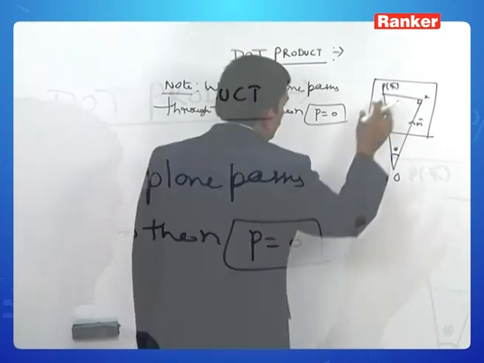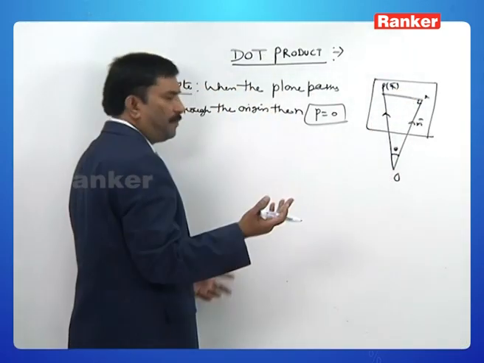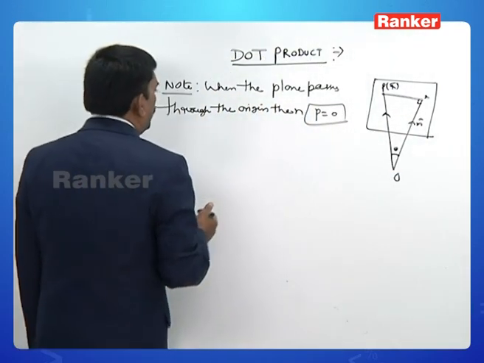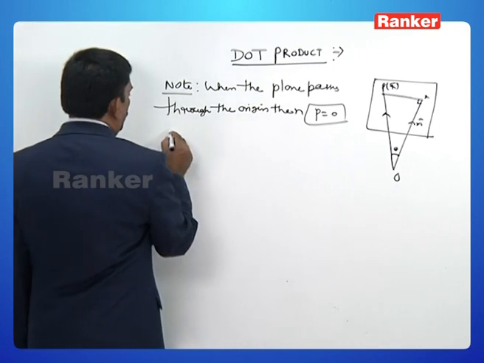The perpendicular distance is 0, because the plane will coincide with the origin. P is equal to 0.